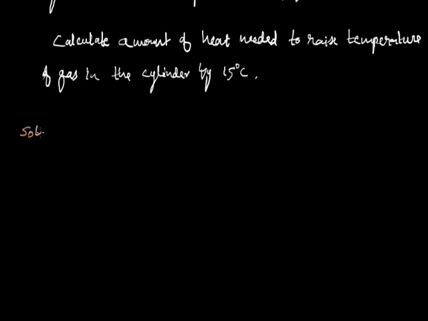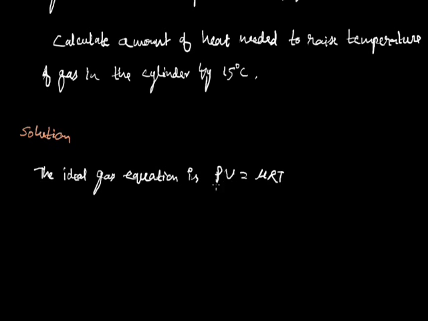The solution for the problem: the ideal gas equation is given by PV equals mu RT, where P is the pressure of gas, V is the volume of that gas sample, mu is the total number of moles in that gas sample, R the gas constant, and T the temperature.